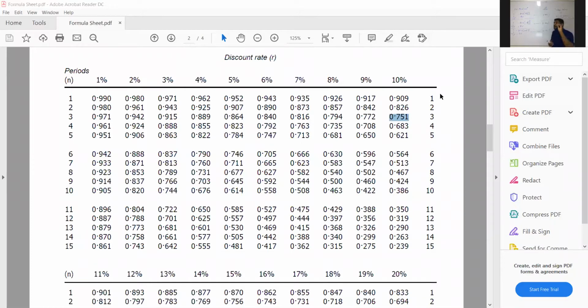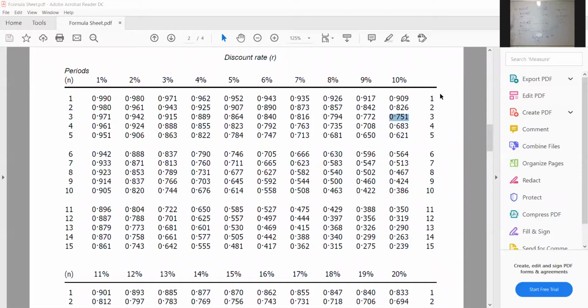Then guys, by looking at that table, you tell me, you are not required to do any calculation. If you are getting $1 in another 10 years' time, if your rate is 15%, what is the present value of that $1? Quickly tell me.